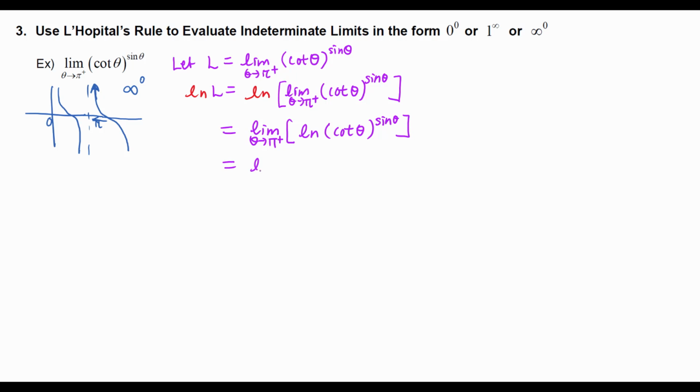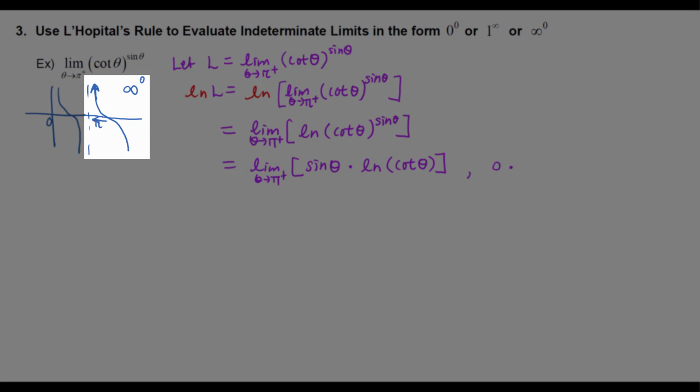Then we get to use the property of logarithms. So the sine theta power comes down and it becomes sine theta times ln of cotangent theta. Now sine pi is 0, so you have 0 times ln of cotangent pi from the right.